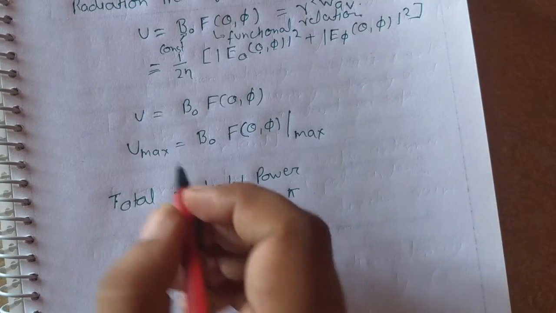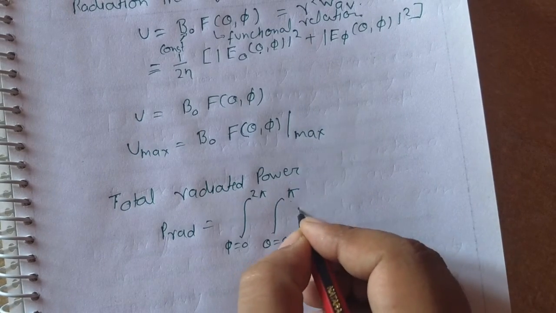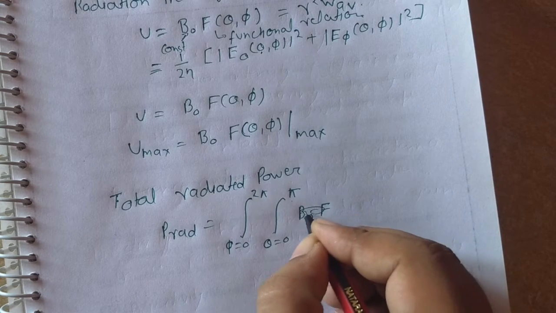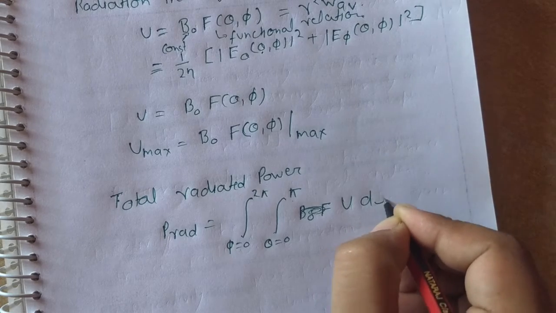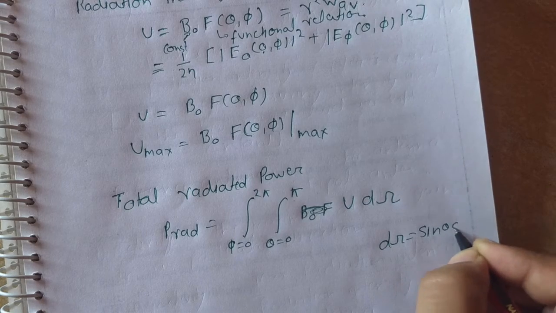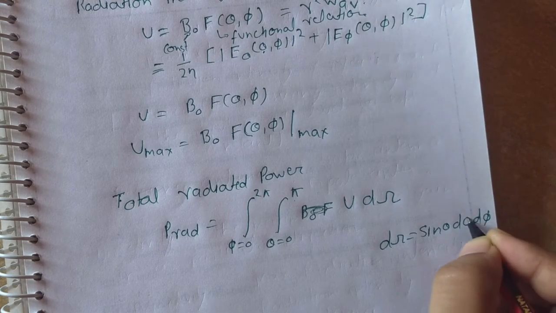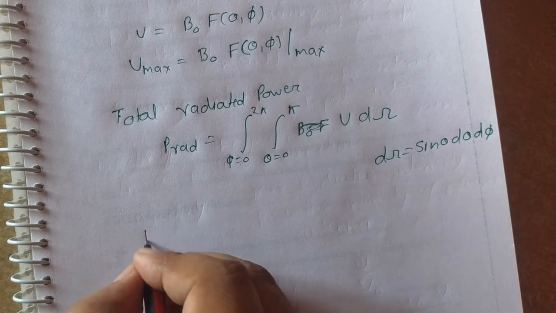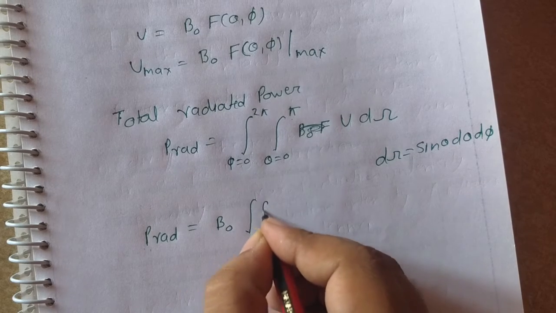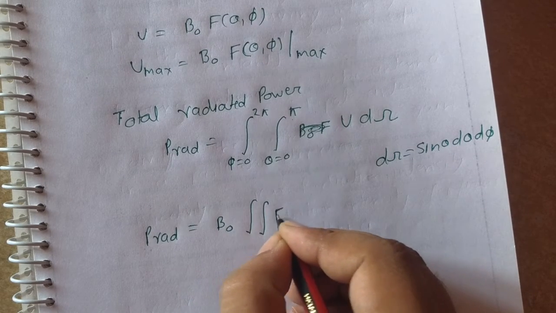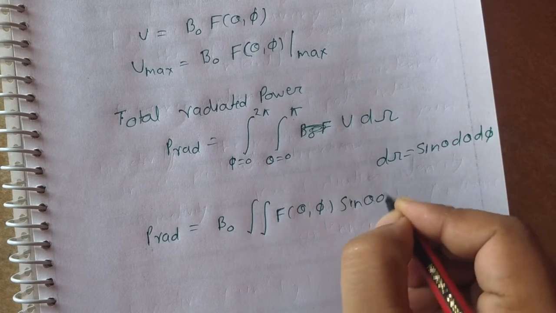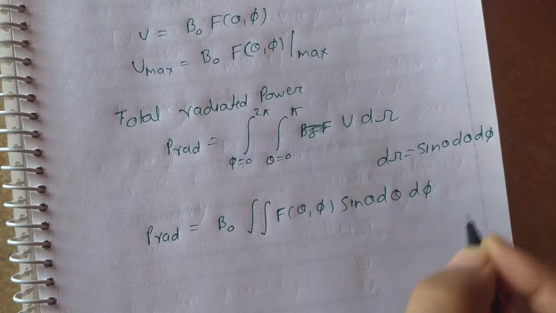So here U equal to B naught f, and P radiation equals B naught double integral f(theta, phi) sin theta d theta d phi.